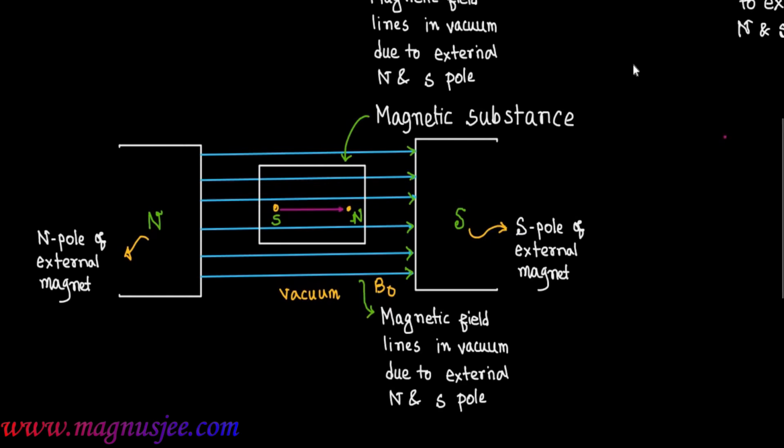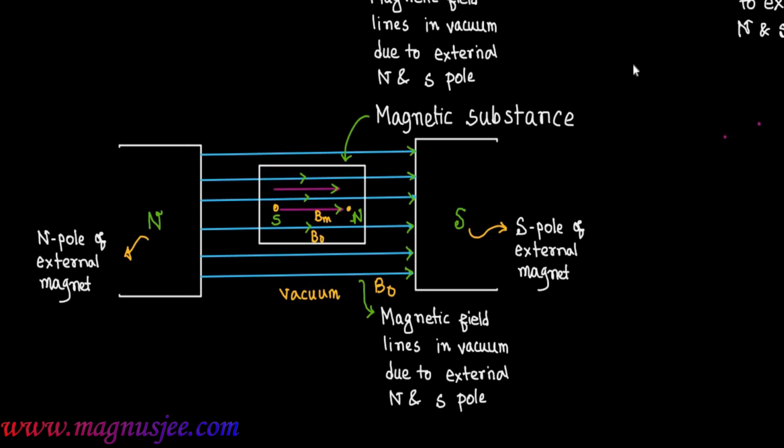We can denote the magnetic field lines which are traveling from the induced south pole to the north pole of the magnetic substance, and these magnetic field lines are due to the magnetization of the magnetic substance. Violet colored magnetic field lines are produced due to magnetization, and B0 is the magnetic field lines in vacuum.